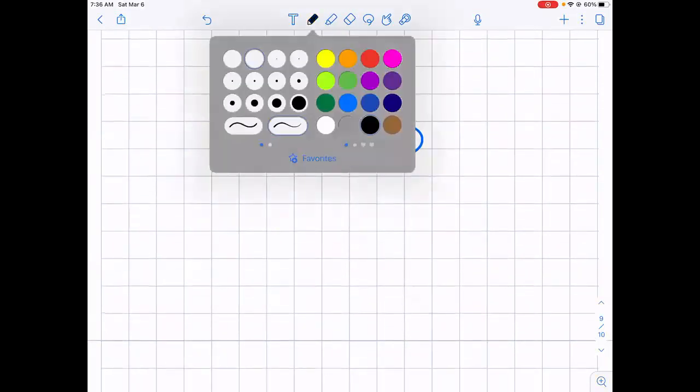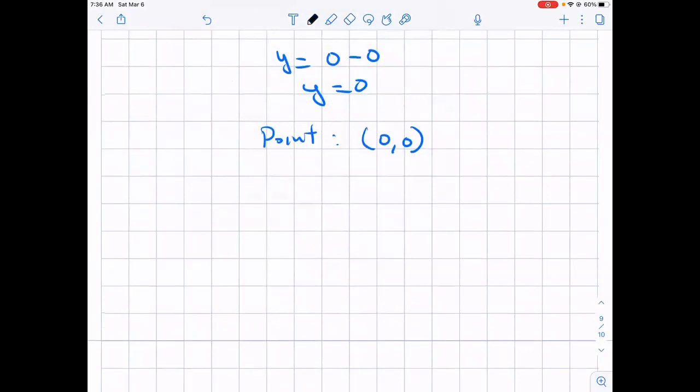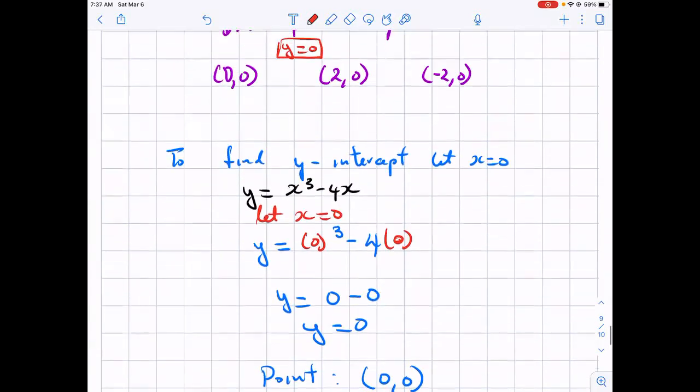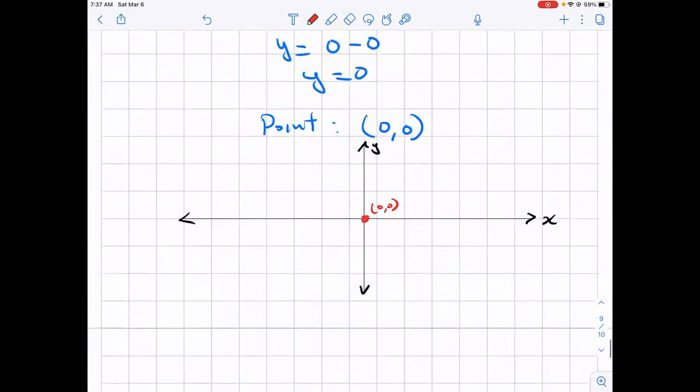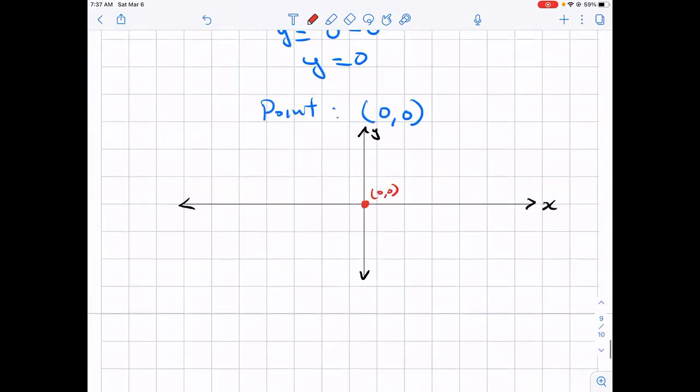So if you put those points, if that's the x, and let's say somewhere here is y, okay, we now have 0, 0. This is the point 0, 0, and our x-intercepts, we had 2, 0 and minus 2, 0.